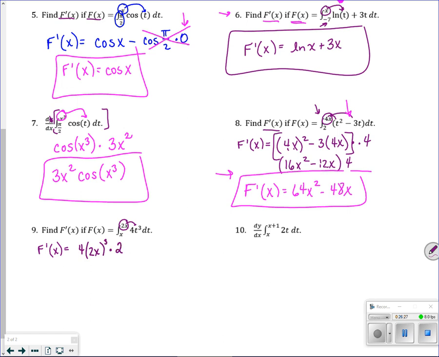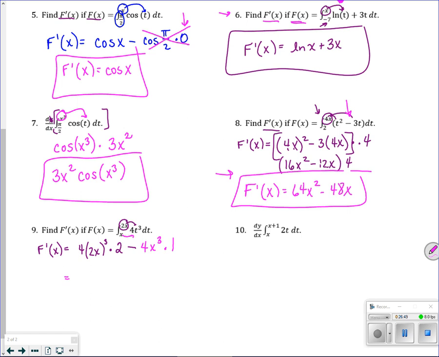The derivative of the upper bound, minus this one. I can't just go, oh, that part's going to go away. If I plug in the 4, plug in the x, 4x cubed, the derivative of the lower bound is 1. So what do I get?